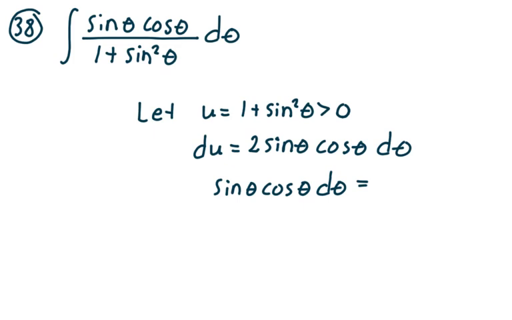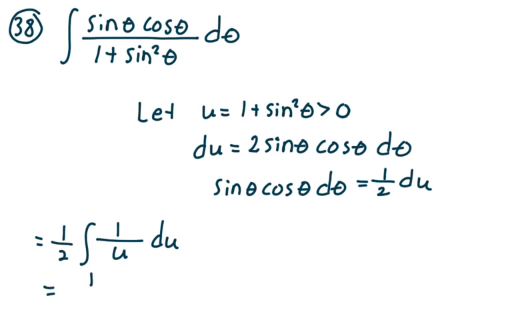So dividing both sides by 2, I get sine theta cosine theta d theta is 1/2 du. And so this is 1/2 the integral of 1 over u du, which is 1/2 the natural log of u plus c. And if you notice, I did not put u in absolute value, and the reason why is because u is always positive no matter what I input for theta.